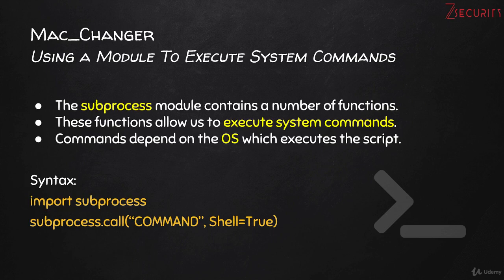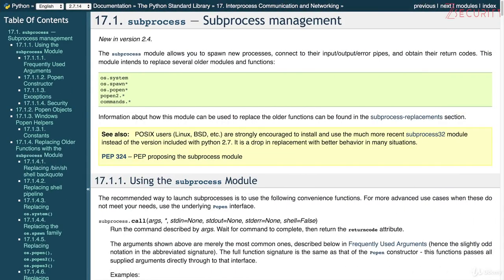But before I show you how to use it, I want to show you the module page. Now, for every Python module, there is documentation. The documentation talks about what the module does, the functions included in this module, and how to use any of these functions, and examples, and even good practices and things to avoid.